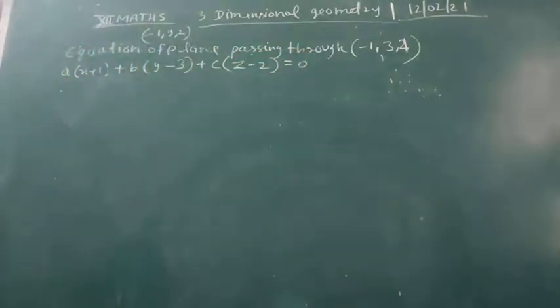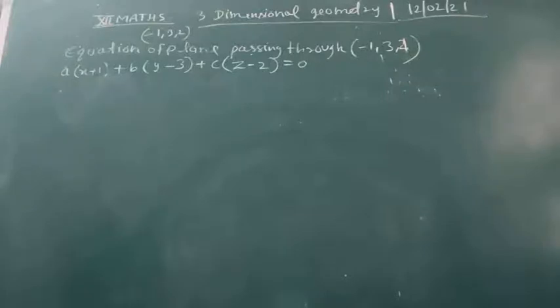So our equation of the plane passing through the point -1, 3, 2 is a(x plus 1) plus b(y minus 3) plus c(z minus 2) is equal to 0.